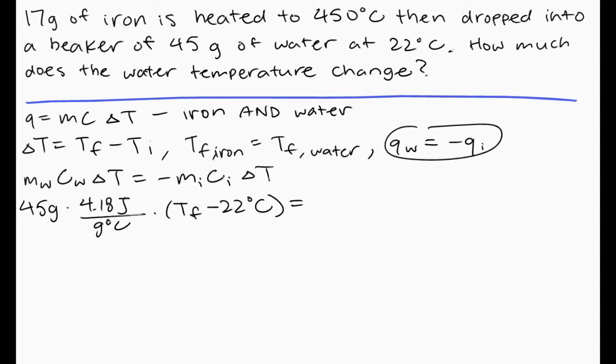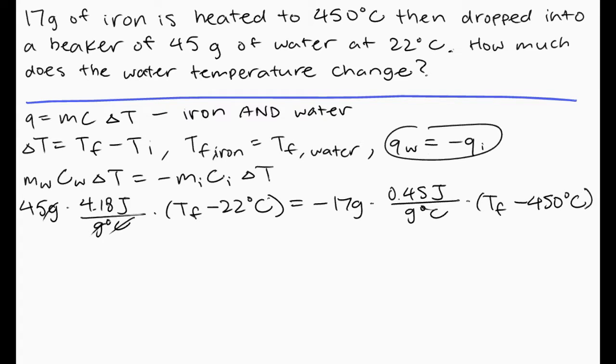And this equals negative 17 grams times the specific heat capacity of iron, which is 0.45 joules over grams degrees Celsius, times temperature final minus 450 degrees Celsius.